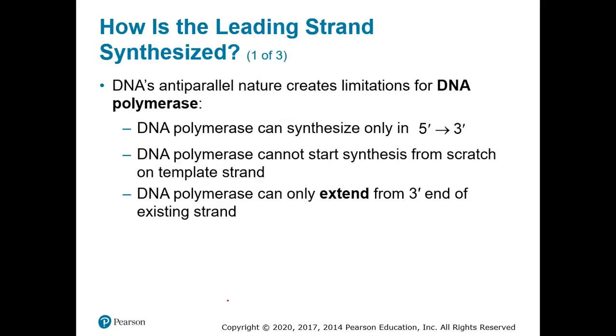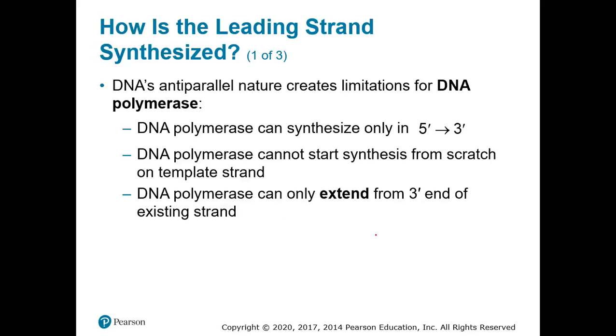Now, remember, we have some limitations. DNA polymerase can only work in the 5' to 3' direction, which means one strand of our replication bubble is going to have no problem, okay? It's going to be creating that new strand toward the replication bubble, and as we unwind our DNA, it can proceed no issue.